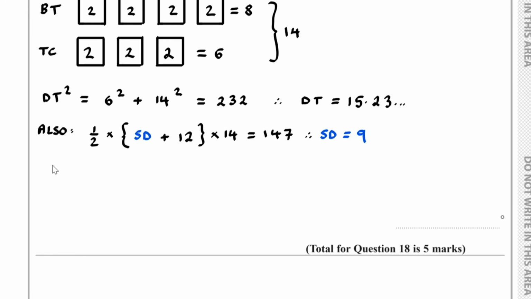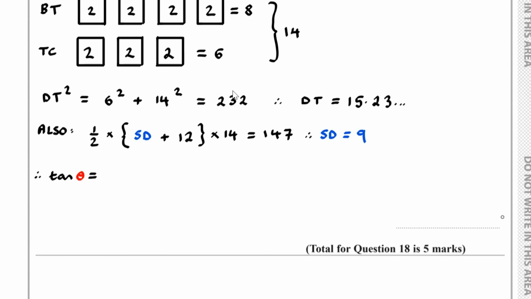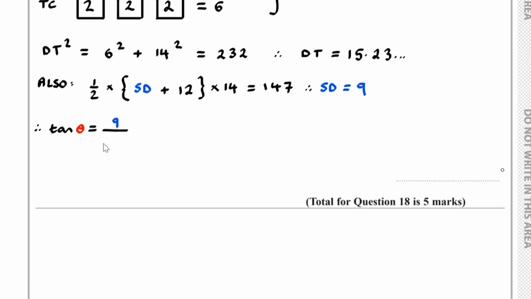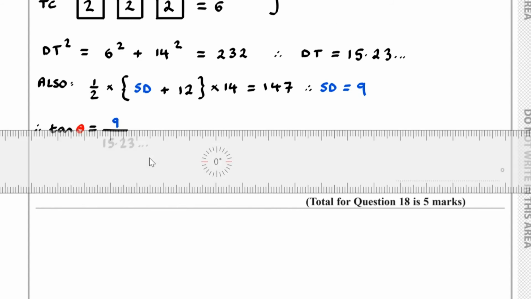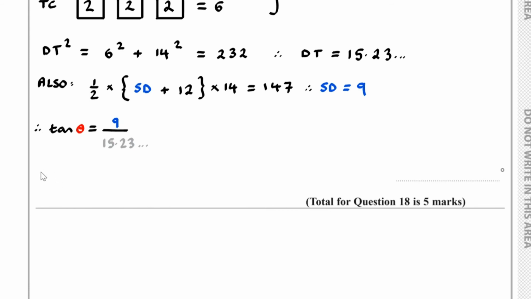So tan theta is equal to the opposite, which is 9, divided by the adjacent, which is 15.23, etc. If I work this out, I can find out what theta is.